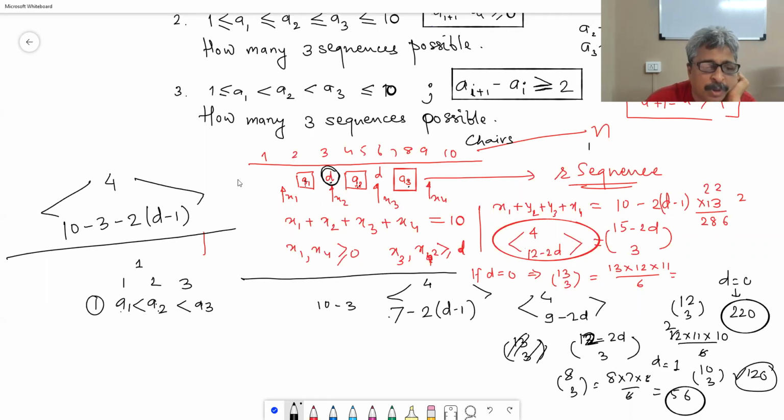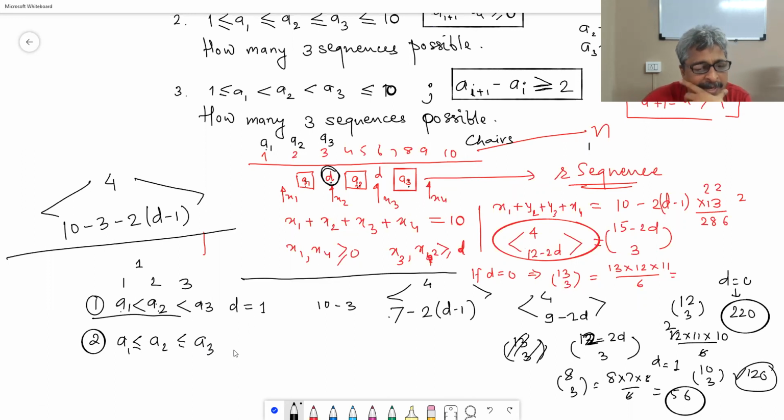Suppose A1 is sitting on chair number 1, A2 is sitting on chair number 2, A3 is sitting on chair number 3, the value for D for us is A2 minus A1. So in this case, in problem number 1, D was equal to 1. Okay. In problem number 2, A1 was less than or equal to A2 was less than or equal to A3, and hence D was equal to 0.